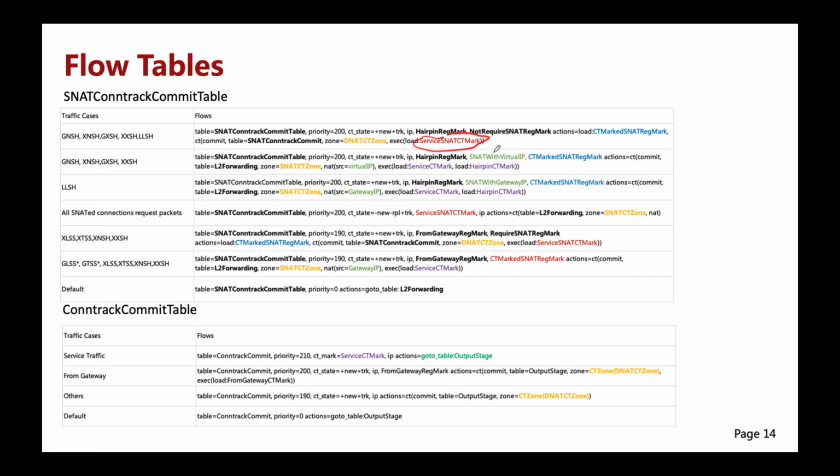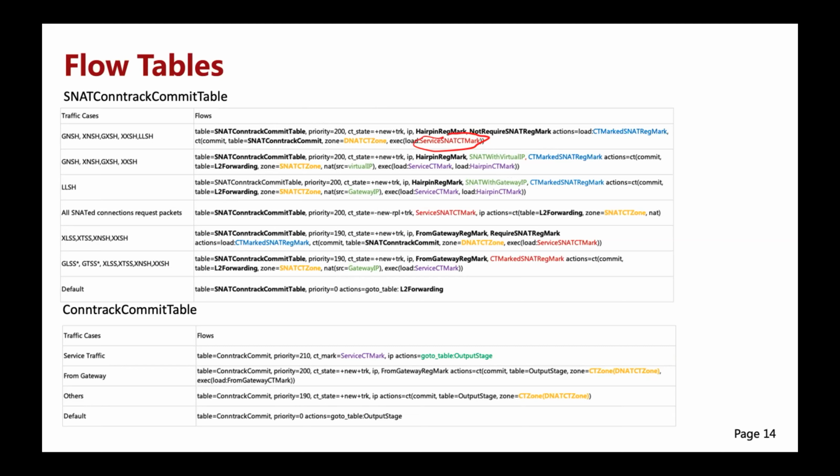And then this CT mark is on the DNAT zone. Then the packet will be forked to this table again, and it will be matched by the second or the third flow for hairpin cases.